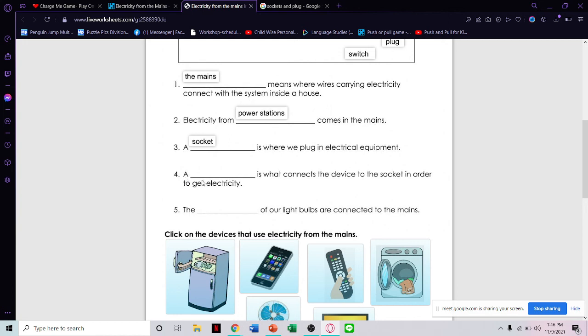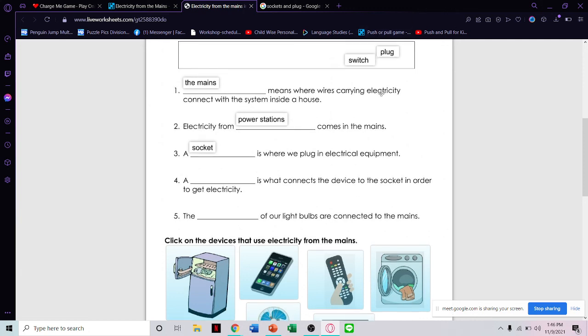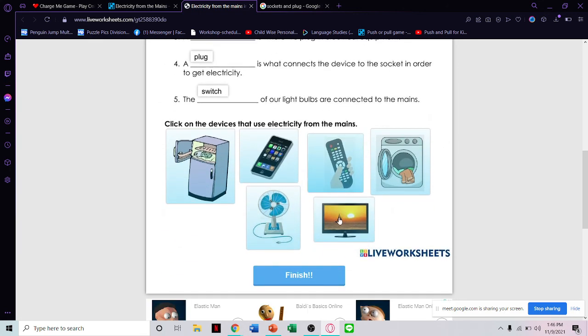Next, number 4. A blank is what connects the device to the socket in order to get electricity. Plug. And the last one is the blank of our light bulbs are connected to the mains. Switch. Yes. Right. For part 2, you are just going to click on the devices that use electricity from the mains.